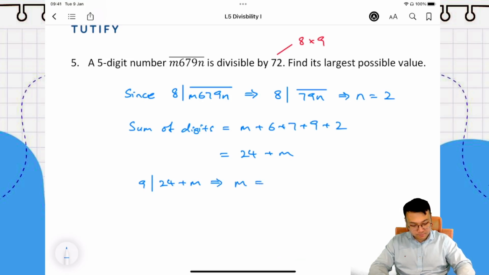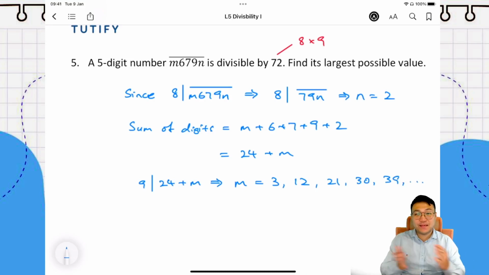It can be 3. It can be 6. Wait, not 6. It can be 12. It can also be on and on and on. You just keep adding 9. If you want it to be divisible by 9, you just keep on adding 9.